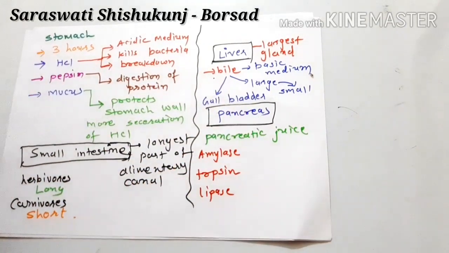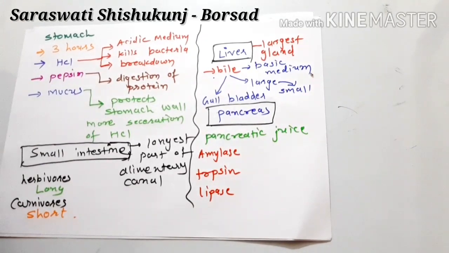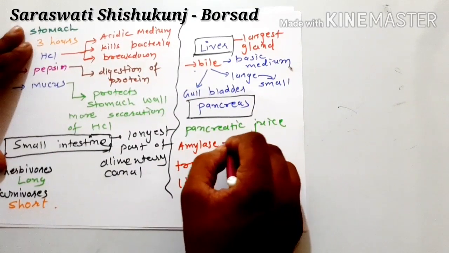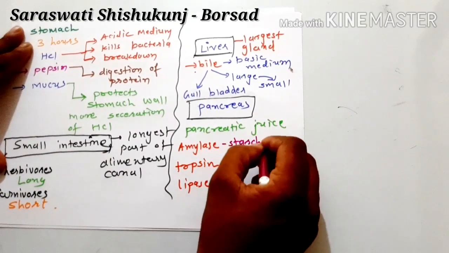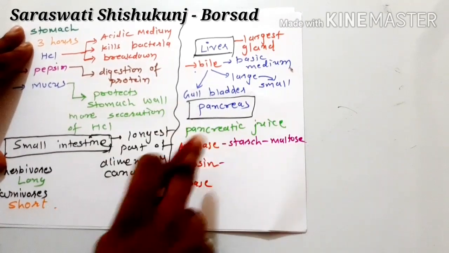As we have studied, what will amylase do? Amylase will convert starch into maltose, so it helps in digestion of starch.